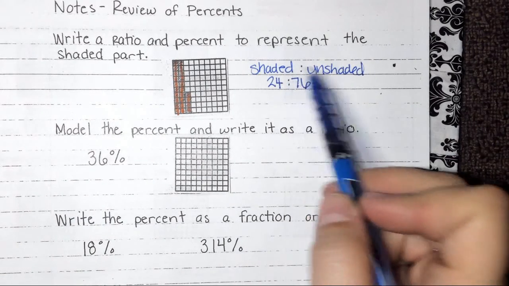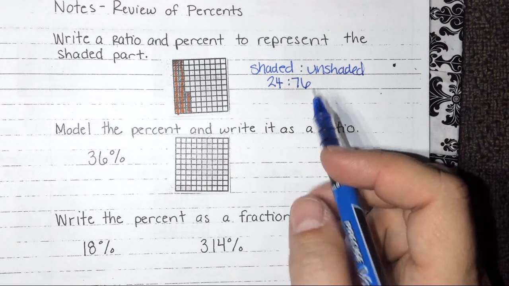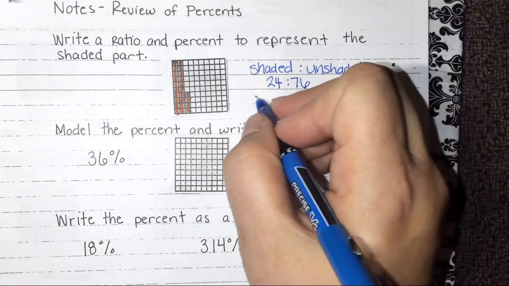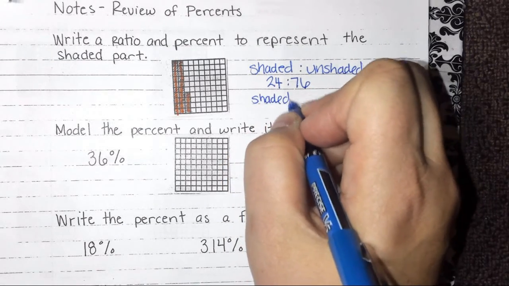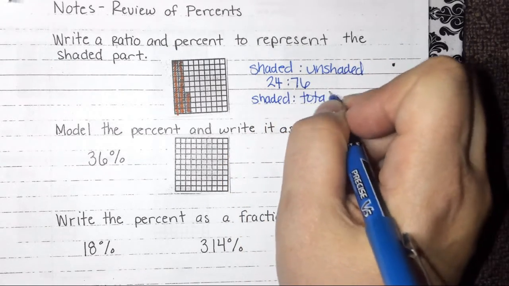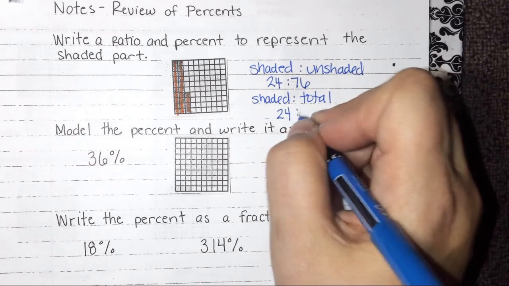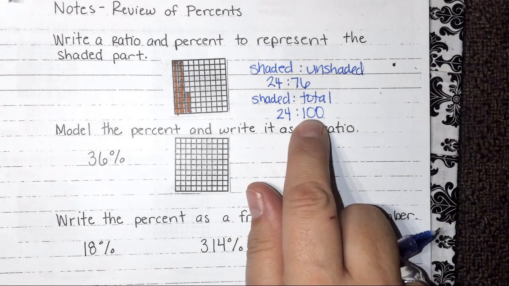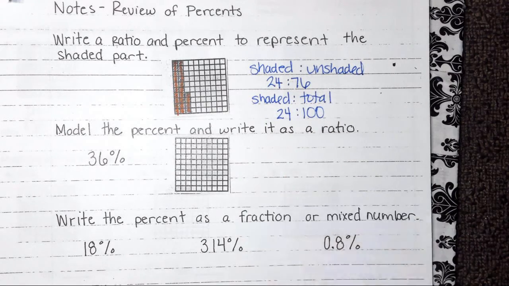What if I were going to write shaded to total? 24 to 100. Absolutely. Okay? A percent is another way to write a ratio compared to the total. So if I had shaded to total, and like Mackenzie just said, that is 24 to 100, what percentage out of 100 is shaded? 24%.